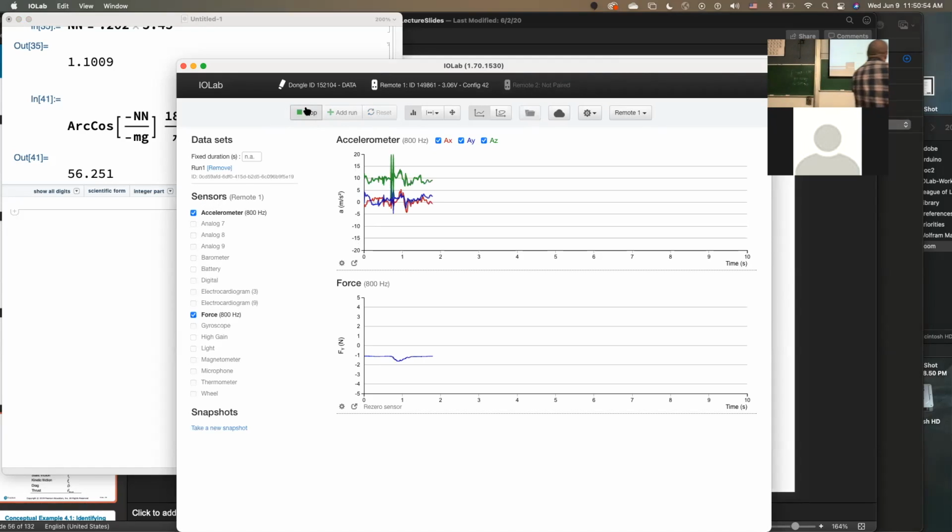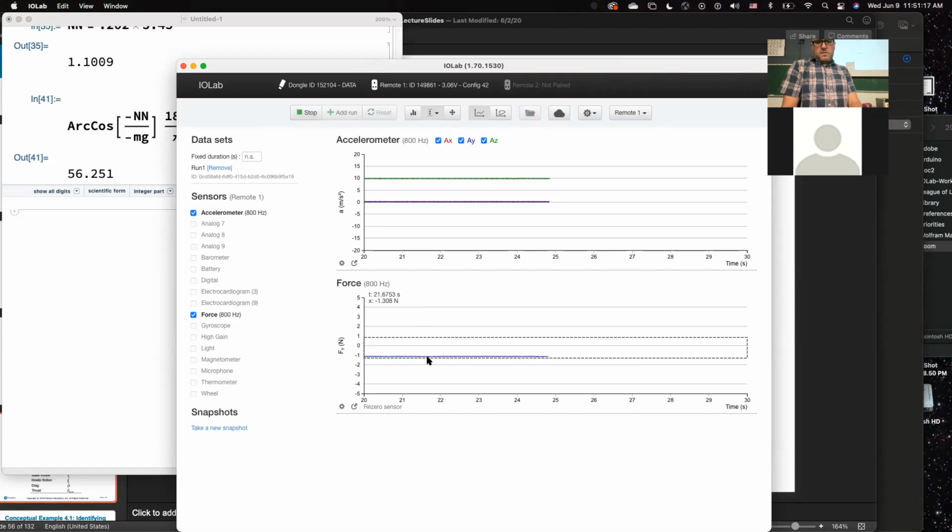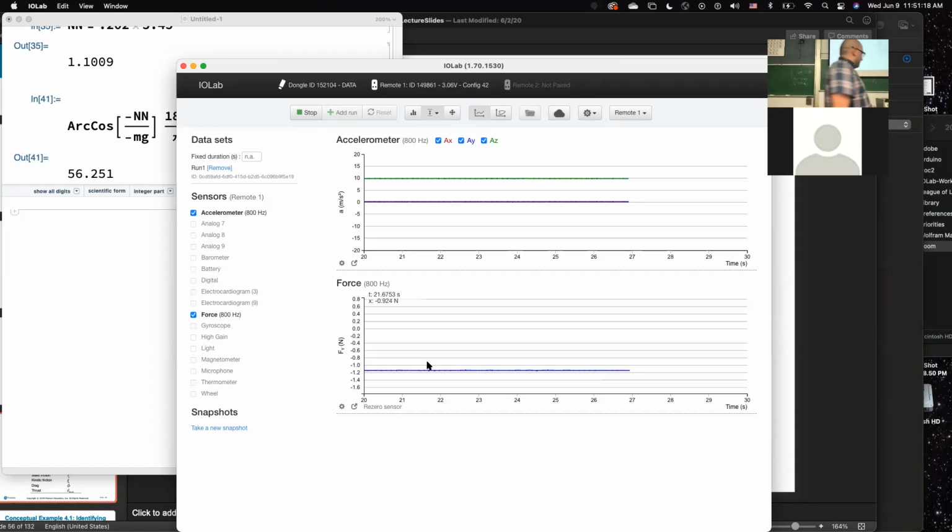Okay. So when I start running this, the force on my sensor here is 0 because I didn't calibrate it. But I'm gonna start pushing on it. And let's zoom in a little bit.